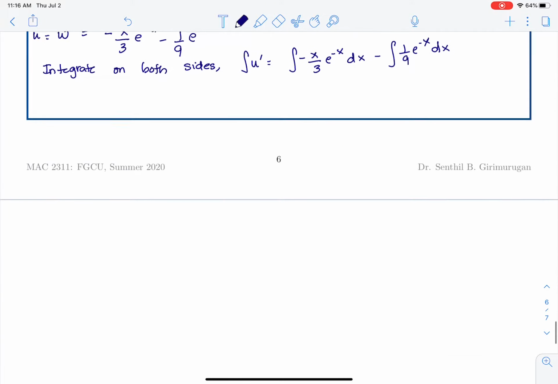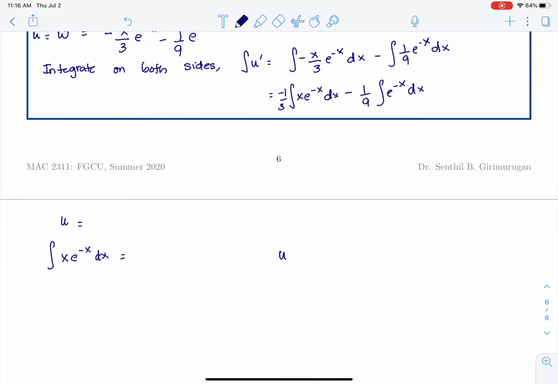Again, using integration by parts for the first integral, I can pull the negative 1 over 3 out, x e raised negative x dx.